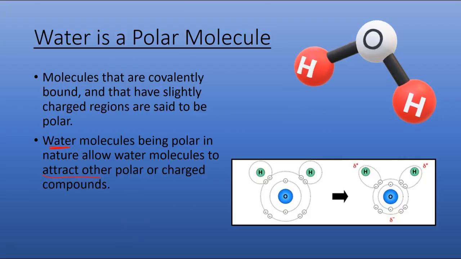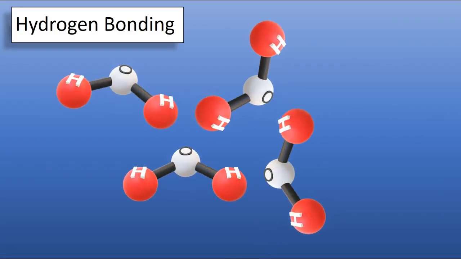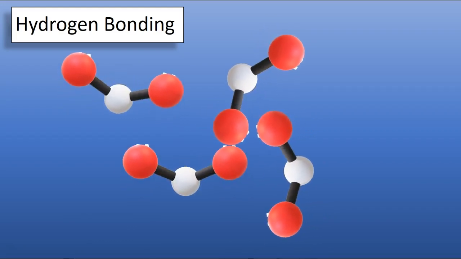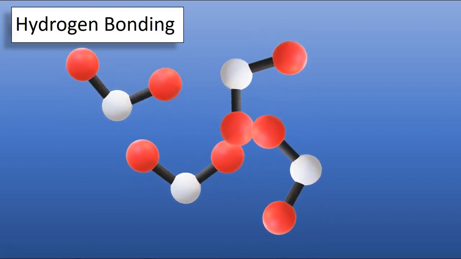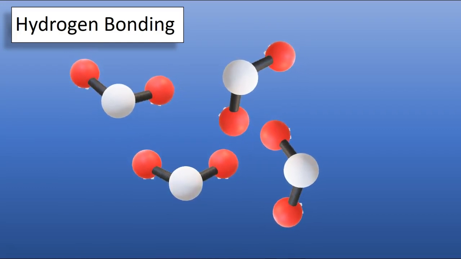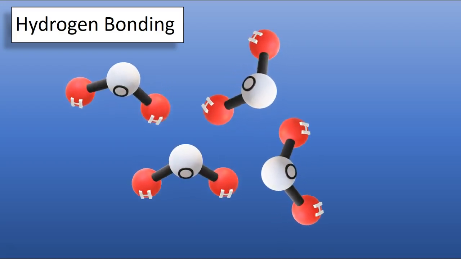Let's take a look at how this polar nature affects multiple molecules at the same time. Here we have four individual water molecules, all with the exact same shape, tumbling around in space, filling up the container they're in. You'll notice that they have their hydrogens towards one pole and the oxygen towards the other pole.